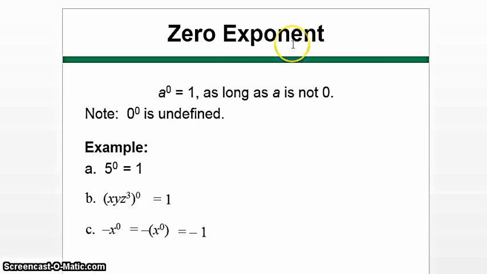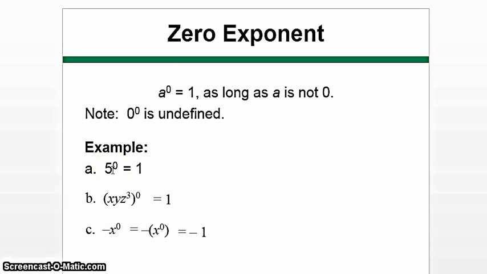Zero exponent: a to the power 0 equals 1 as long as a is not 0. 0 to the power 0 is undefined, which means any number except 0 whose exponent is 0 is equal to 1. If the base is 0 and the exponent is 0, then it is undefined.